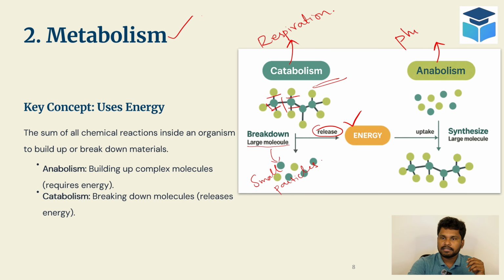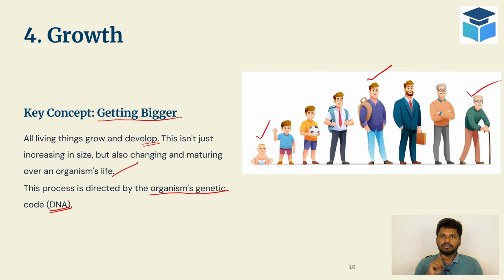So how my face cut should be, how my color should be, how my height should be, how my body shape should be, is mostly depending upon DNA. You will have characters from your father and from your mother. How did you get them? Through their DNA, you got characteristics. So this is how the growth occurs, with the information in its DNA.